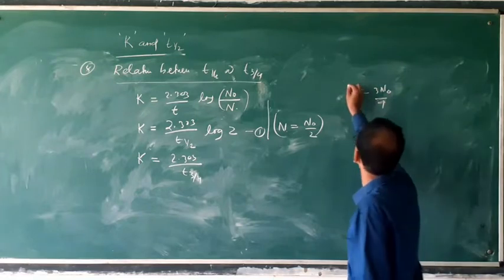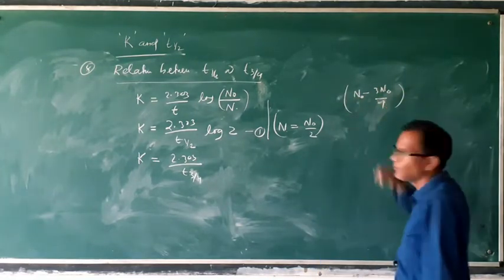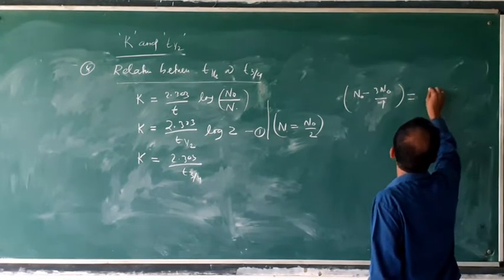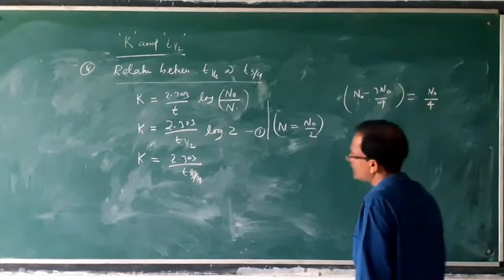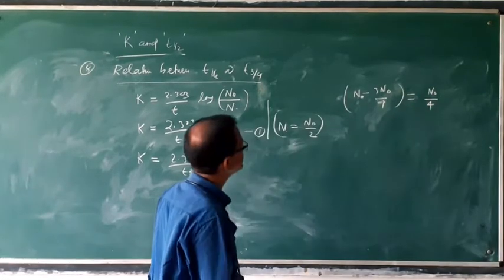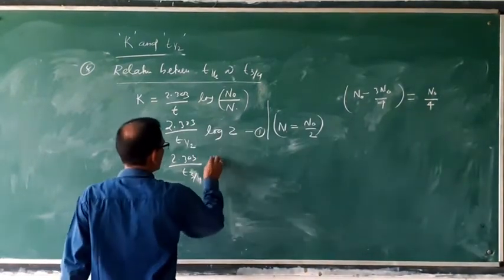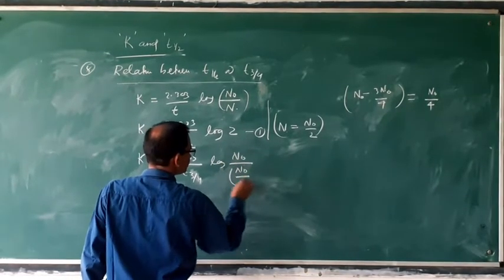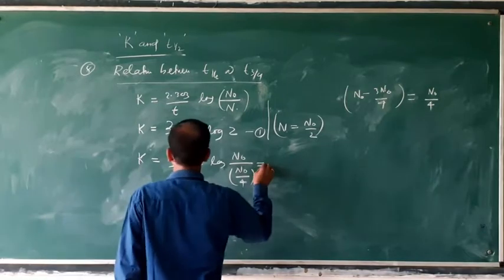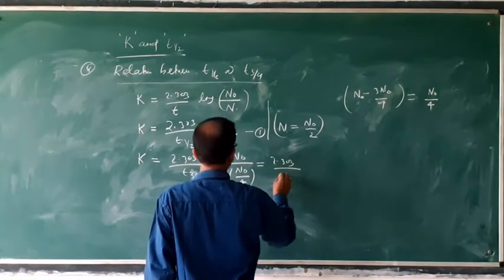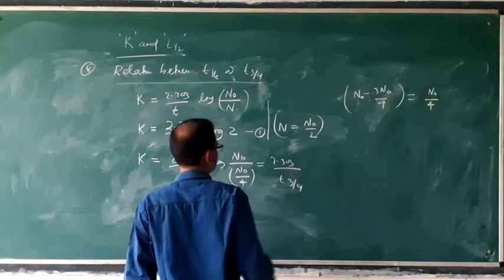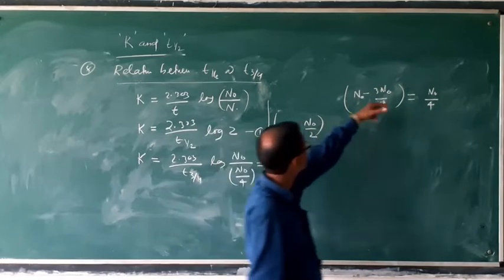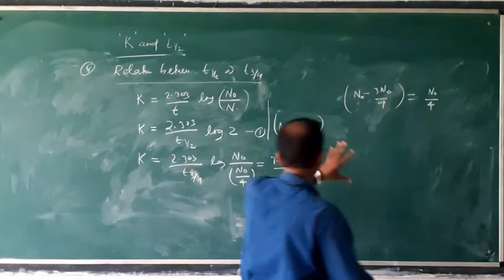How much is left? N0 minus 3/4 of N0, which is equal to N0 by 4. Clear? You put this value: log N0 by N0 by 4.